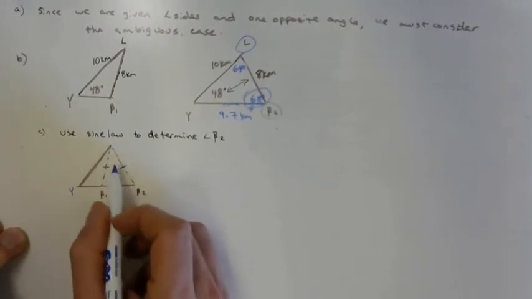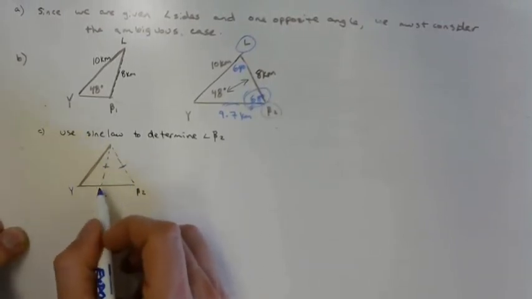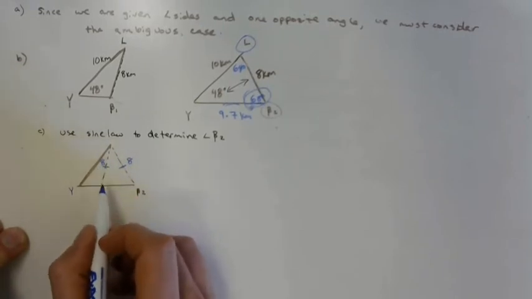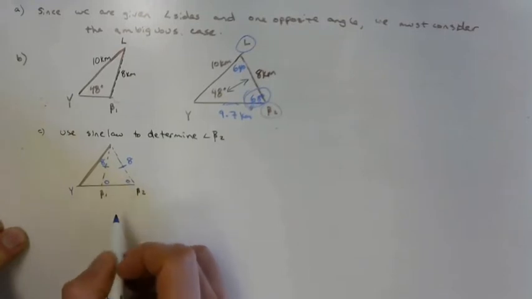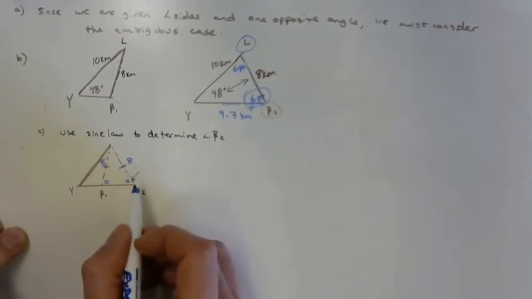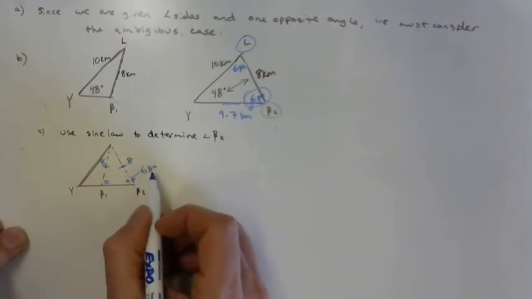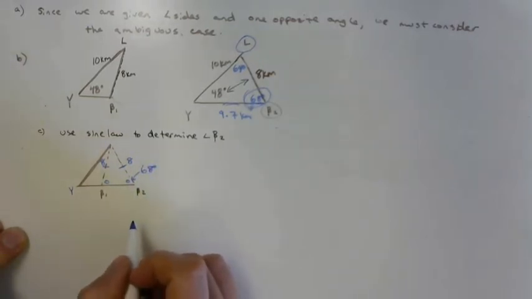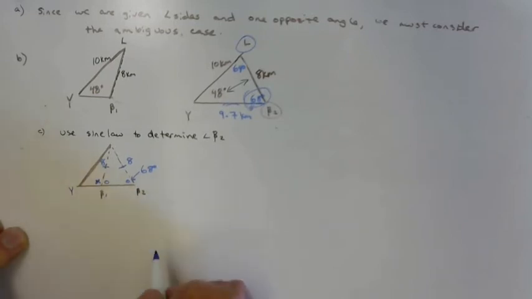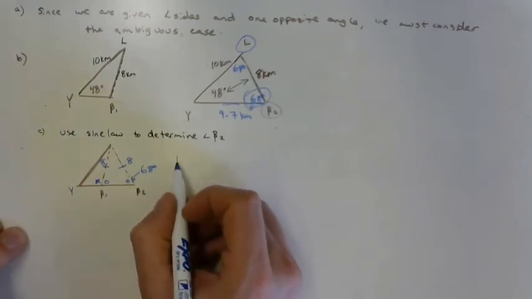Right here, we have an isosceles triangle. So if we knew this was 8 kilometers and 8 kilometers, what's true about this angle and this angle? Equal. Okay, well, we found this angle. We said this angle was 68 degrees, right? So that actually tells us this angle. How? Oh, it's 180 because it's a perfectly straight line.